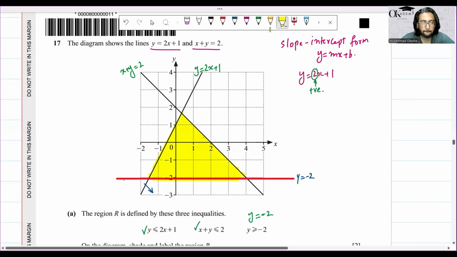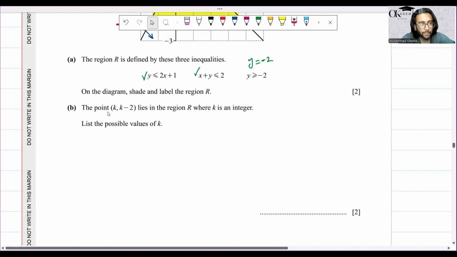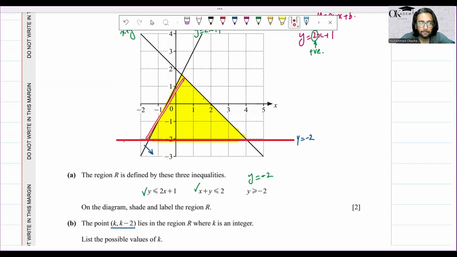The next bit says the point (k, k minus 2) lies in the region R, where k is an integer. List the possible values of k. I don't know how to do this, but let's figure it out together. This point lies in the region R, which means it could be somewhere in this region.